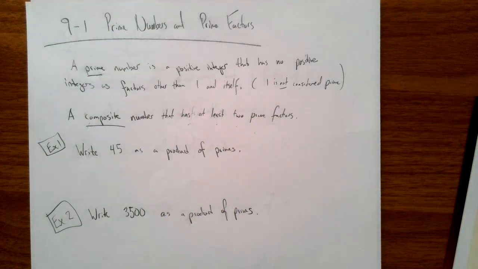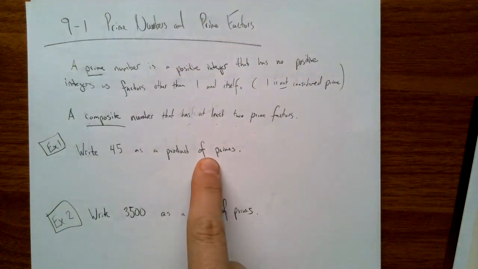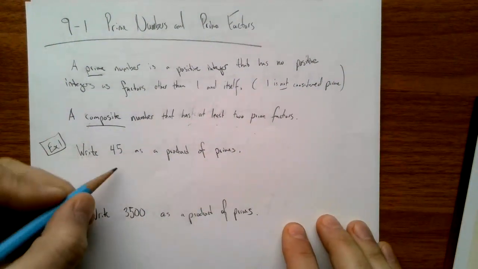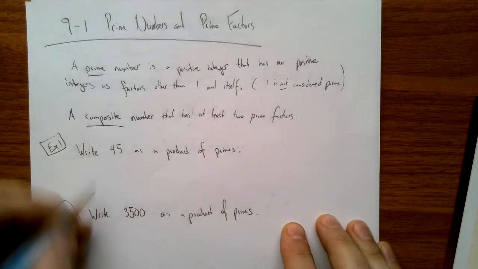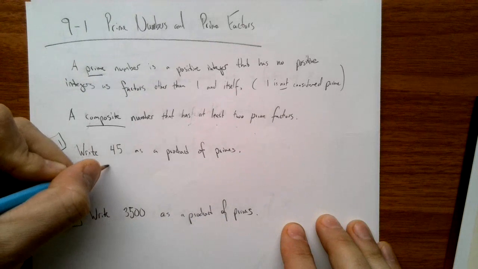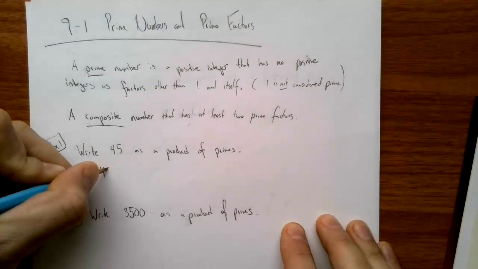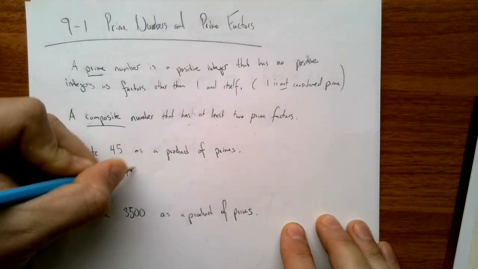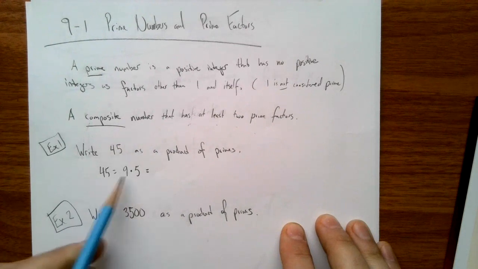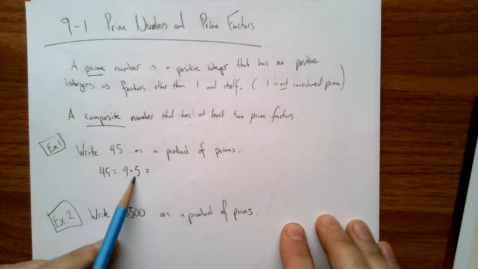So all we're going to do in this section is take numbers and rewrite them as the product of prime numbers. So one way to take 45 is to think of it as 45 is equal to 9 times 5. 9 is not prime, 5 is.